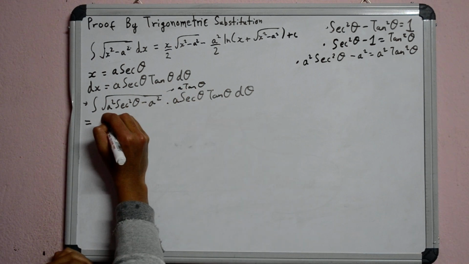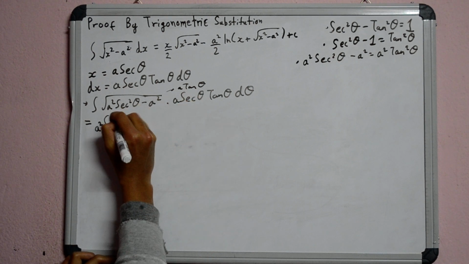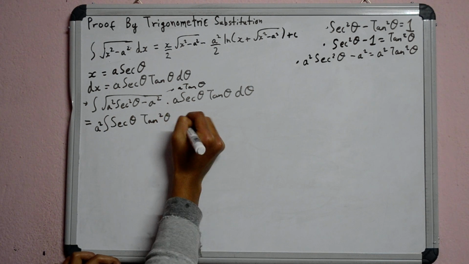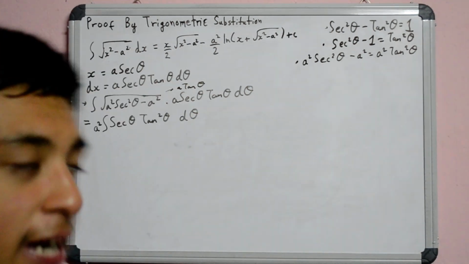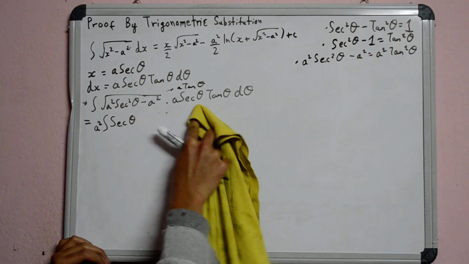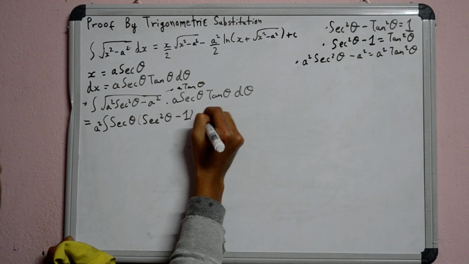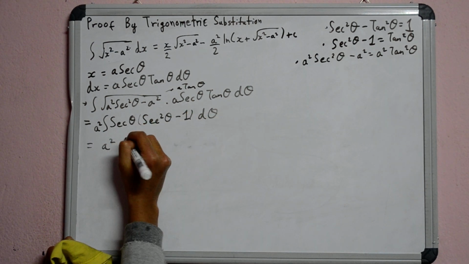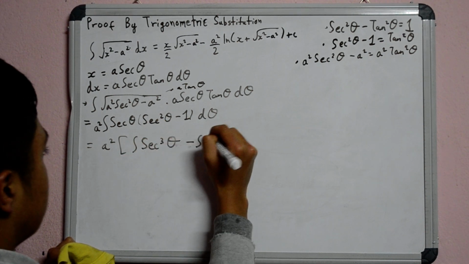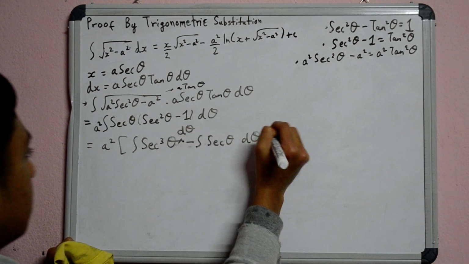So we'll get integration of a square, which is a constant, we can put it outside, into sec theta into tan square theta. Now this tan square theta, we can just put as sec square theta minus 1, which is sec square theta minus 1 d theta, and simply distribute that. We get sec cube theta minus sec theta d theta.